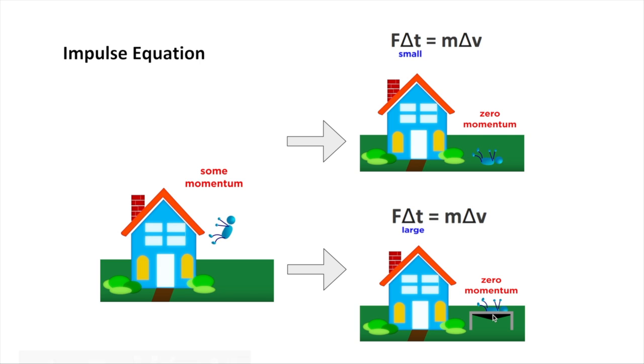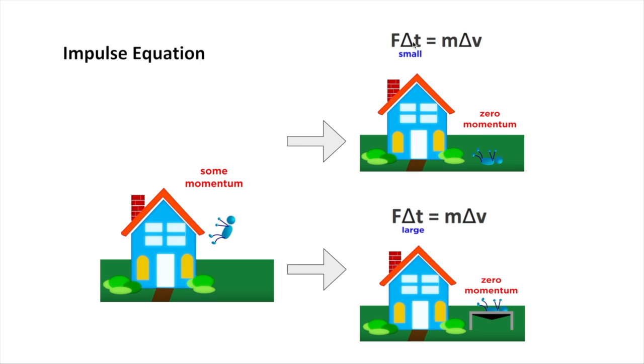But if through a trampoline or an airbag or some sort of cushion, you can spread out the time of the crash, make delta t large, then that means that when I multiply the delta t times the force, the force can be smaller, because this product has to be the same as this product.